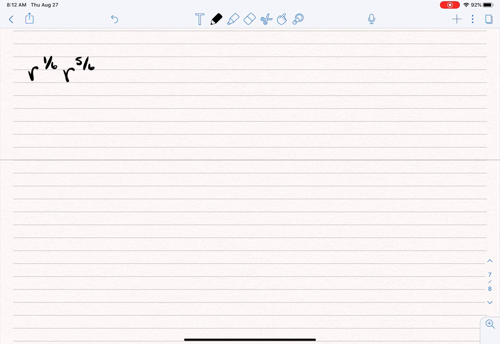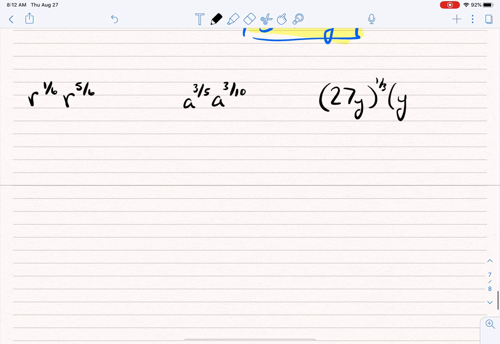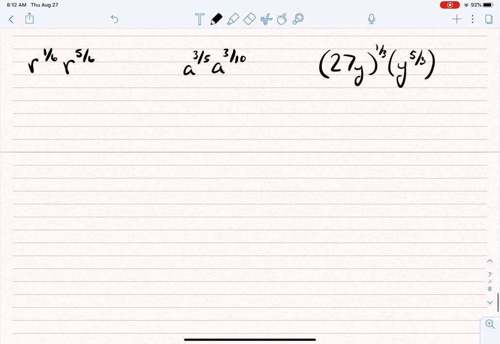Then we're going to do a to the 3/5 times a to the 3/10. A little bit more interesting. And then we're going to end up with the quantity 27y, all being raised to the 1/3 power, times the quantity of y being raised to the 5/3 power. Okay? So those are the 3 problems I want you to try to work through.